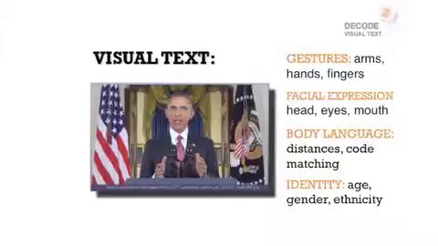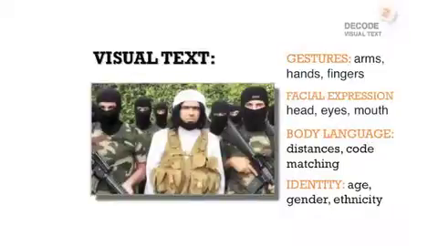His body language. Well, this one's good for body language here. This is the distance between the subject, the main subject, and the supporting subject. They're very close together. The code matching of all of the people behind him, saying, we have a united front. He's the only one who's showing his face, the main guy. So he is unafraid. He's also the only one who looks like he's not armed, which means he's protected.